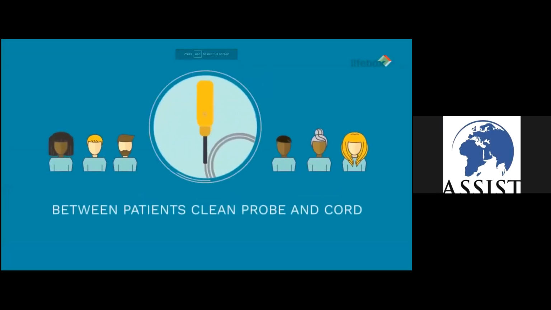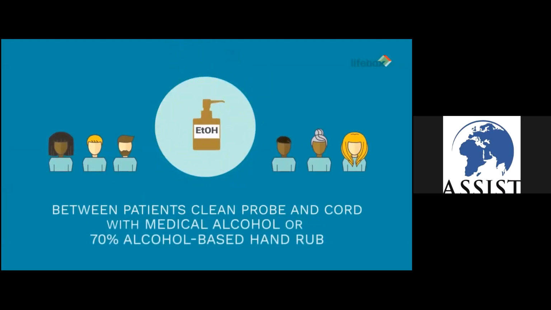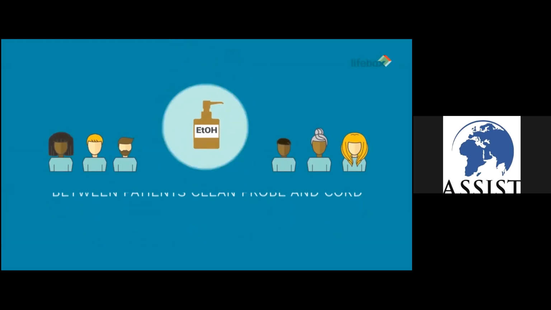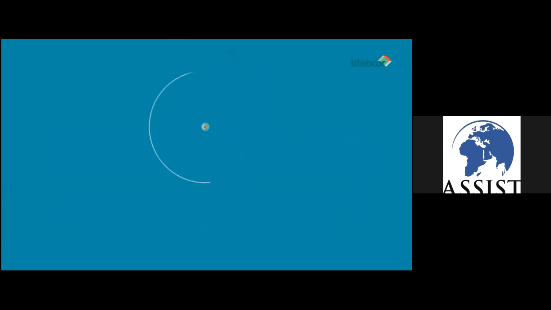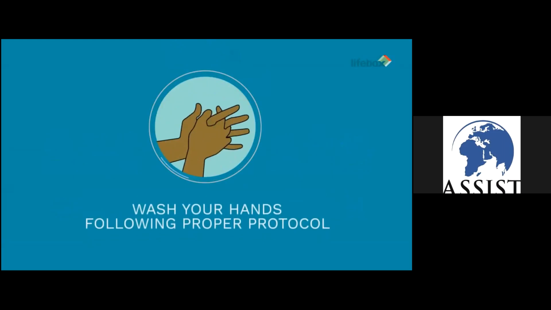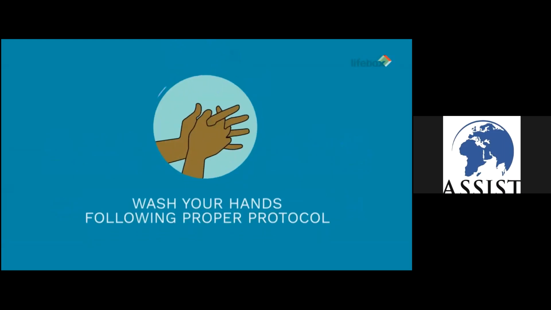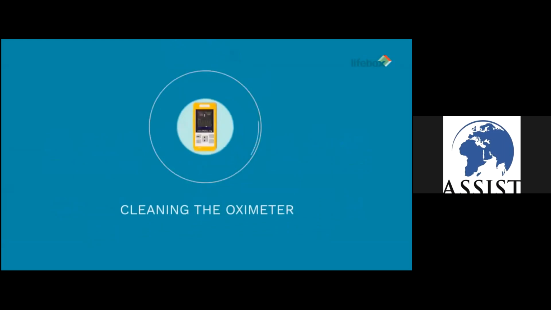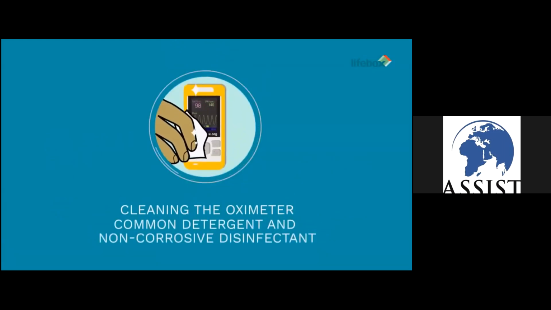Between patients, it is essential that you gently clean the probe and cord with medical alcohol. Small amounts of 70% alcohol-based hand rub will also work, but should be applied sparingly. It's important to keep the LED and photodetector clean. Please also remember to wash your hands, following proper protocol between patients. The oximeter should be wiped down regularly, using common detergent and non-corrosive disinfectant, such as those used in hospitals.